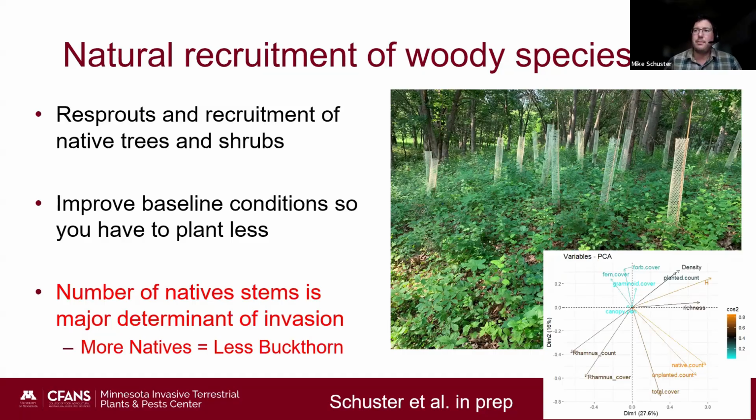And this is a principal component analysis that basically shows you that the density of native stems is the thing that will shoot management areas in a different direction away from buckthorn dominance. And so we see that more natives means fewer invasives in general. It doesn't matter if you planted them or not.